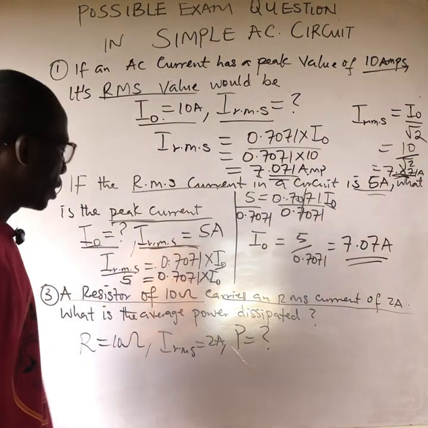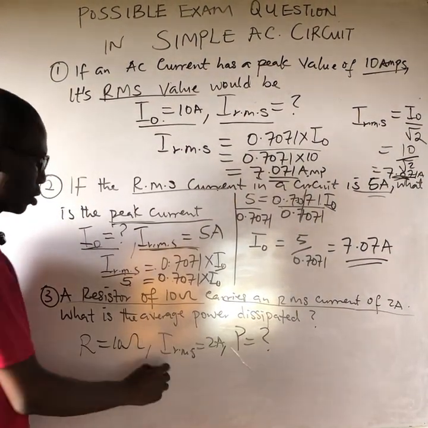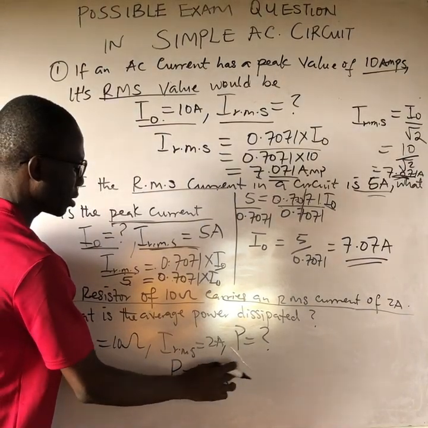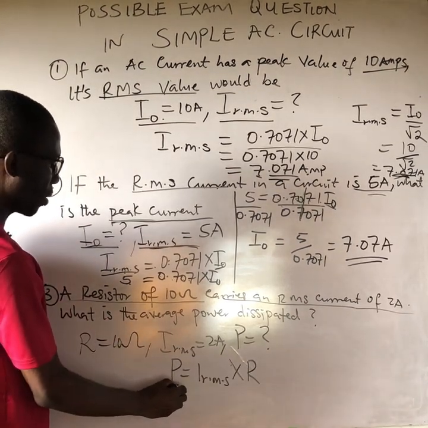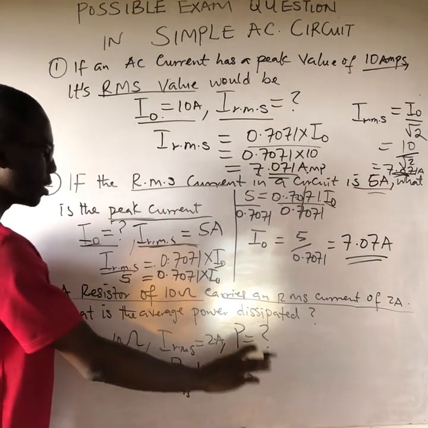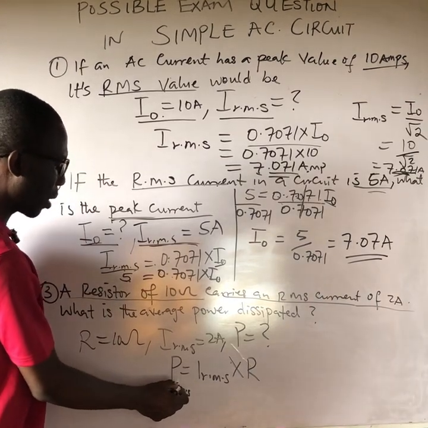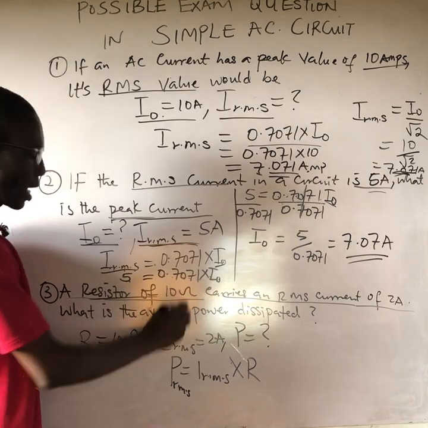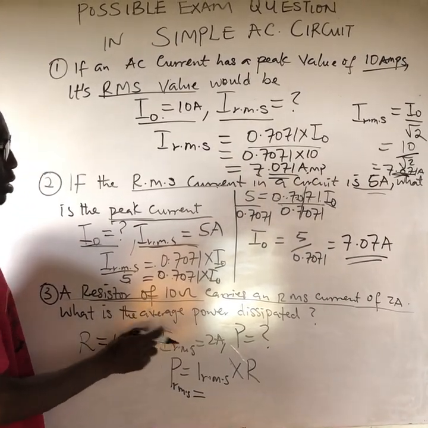Now, what equation connects these two? The equation that connects these two is power is equal to the root mean square current squared times the resistance. So I will now input the given values. From the question, we are given the resistor as 10, and the current as 2.